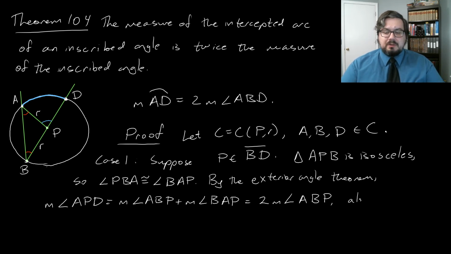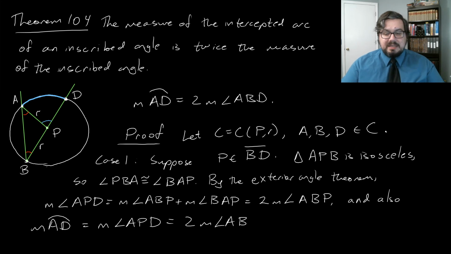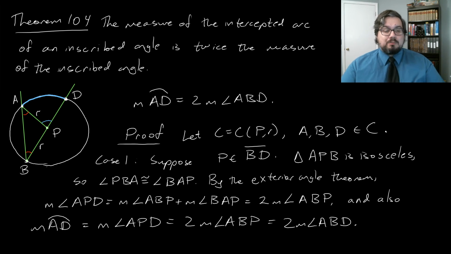But then we have that the measure of the arc AD is equal to the measure of angle APD, which we've just shown is 2 times the measure of angle ABP, and the measure of angle ABP is the same as the measure of angle ABD because they are the same angle. So that proves it in the case of the center being on one of the rays of the angle.